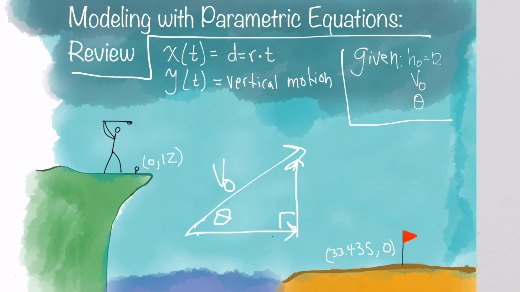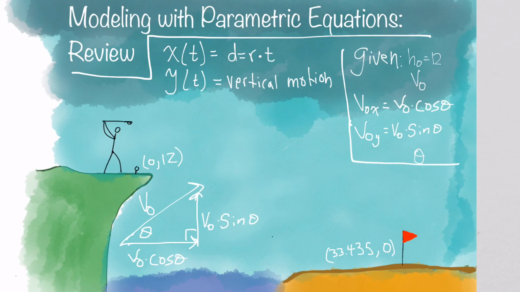As with any right triangle, the vertical component will always be the value of the hypotenuse multiplied by the sine of the angle. And similarly, the horizontal component of the triangle will be the hypotenuse of the triangle multiplied by the cosine of the angle. And with that, we have two values that we can use.